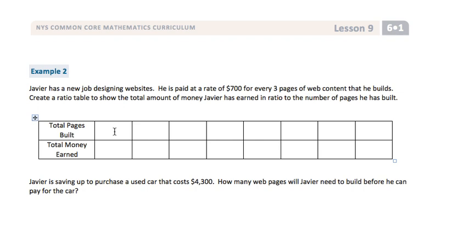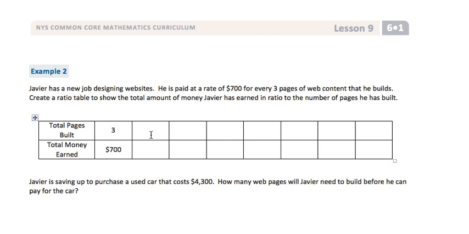And we're going to start with the value that they gave us. They gave us a rate of $700 for every 3 pages of web content. Our top row is the number of pages built, so we'll put 3 in there. And when he builds 3 pages, he is earning $700.